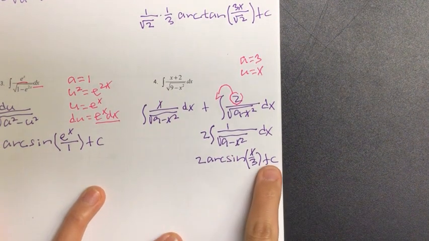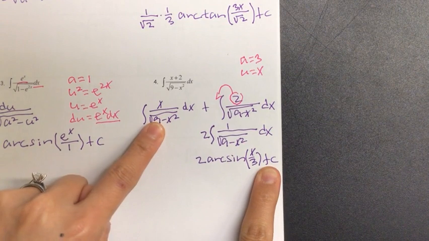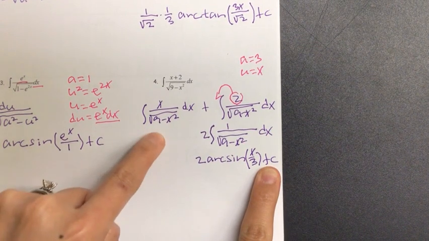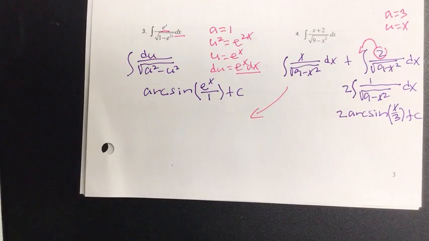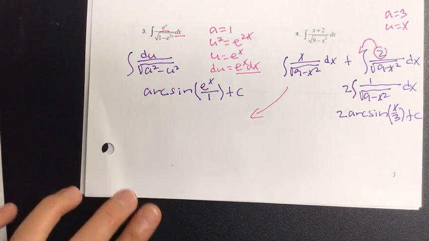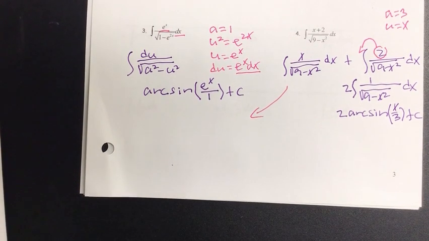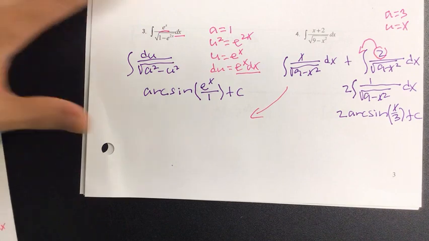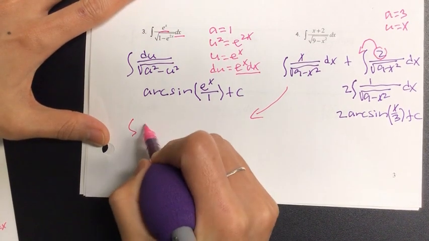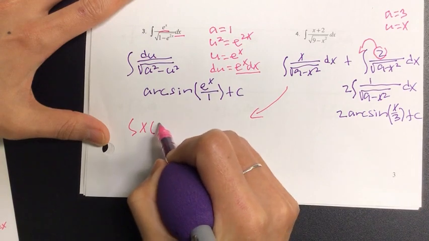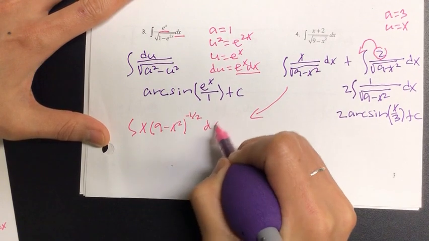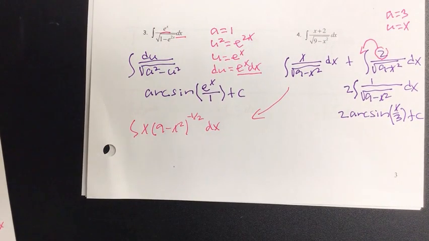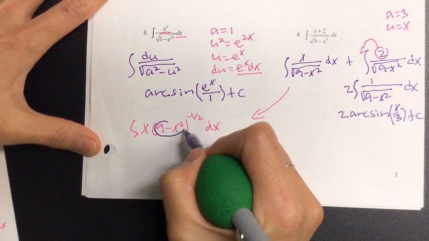Since I wrote plus c one time here, when I anti-derive on the next one, I'm not going to worry about the c. So this part is from last week. So let's do all that work over here. As a reminder, what we did last week was we rewrote it first of all to make it a non-fraction, which gives us integral of x times a quantity of 9 minus x squared to the negative 1/2 dx. And we let the inside become our u.